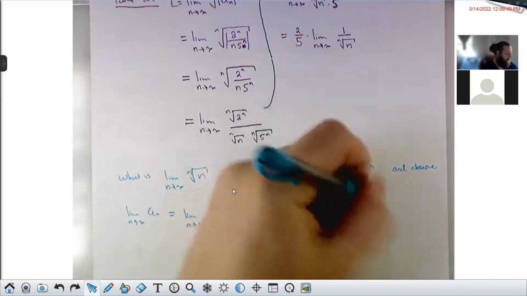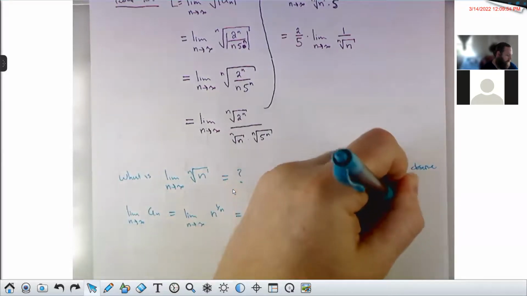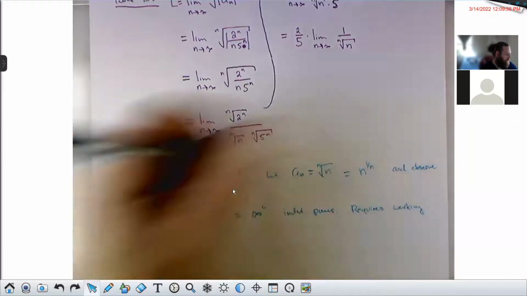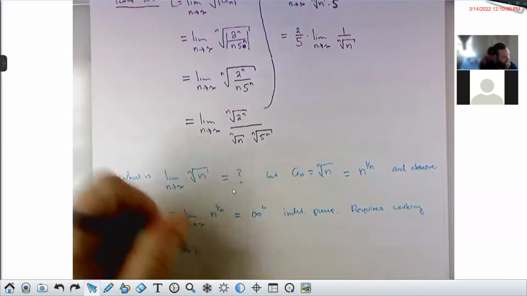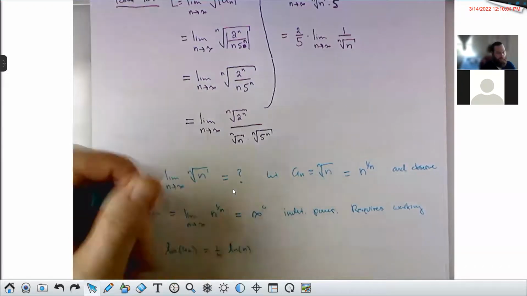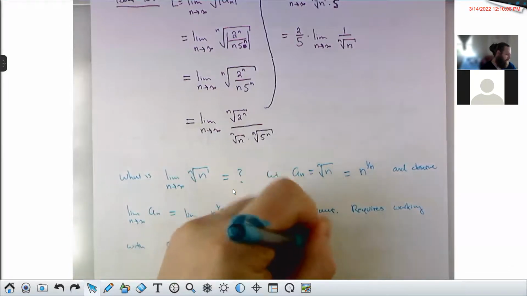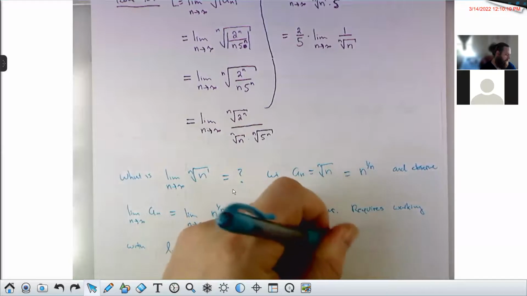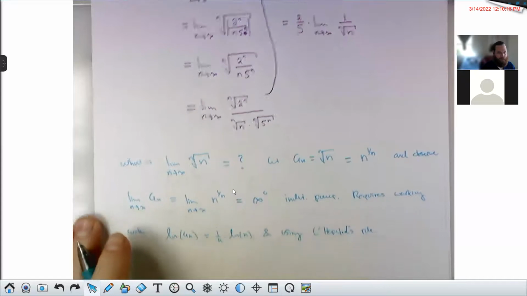So to handle this, this requires working with the natural log of n, which would be 1 over n times the natural log of n, and using L'Hopital's rule. Again, I'm not going to go through the details here.